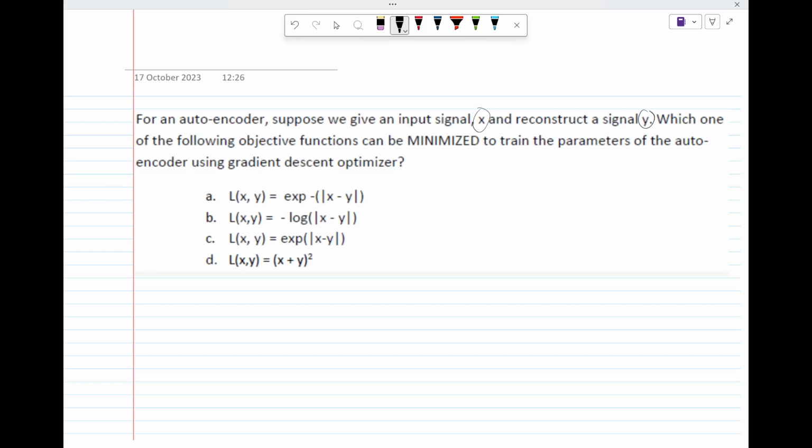So when x is very close to y, we want our loss L(x, y) to be close to 0, right? So we can just check for which L(x, x) is 0. For the exponential option, L(x, x) will be e to the power minus 0, which is equal to 1.